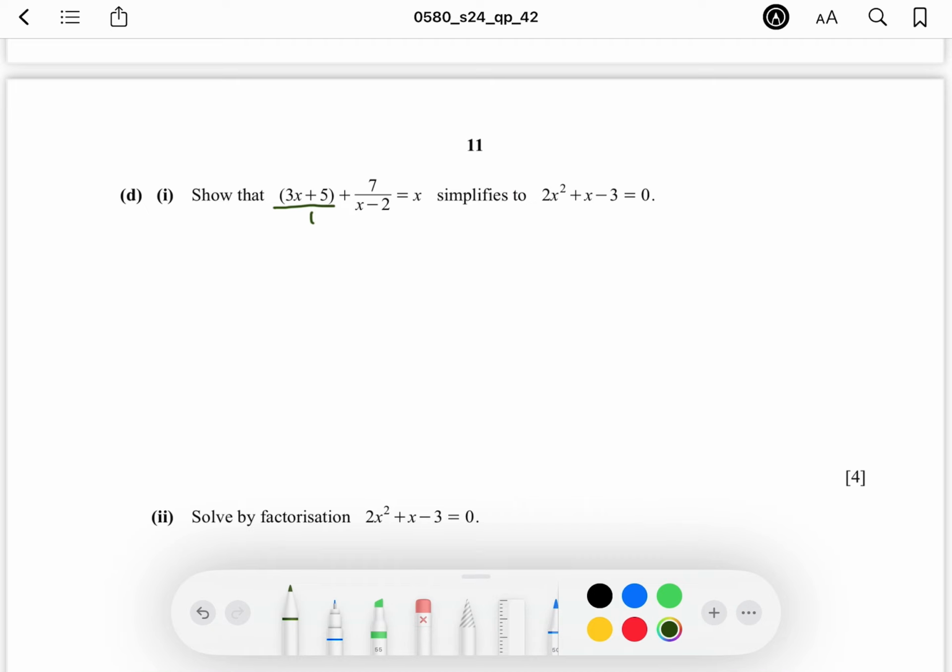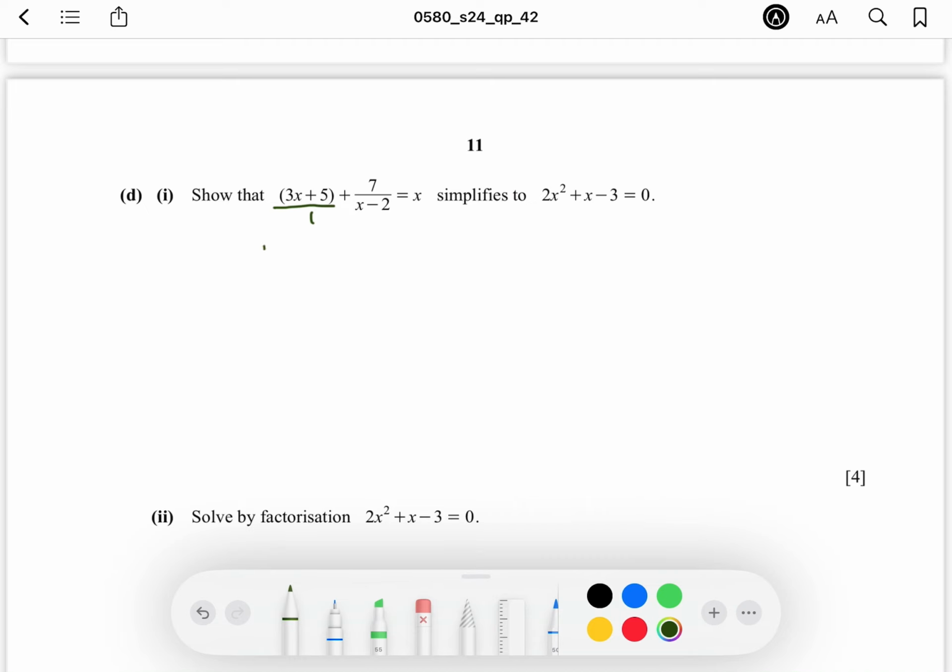Because now, what you can do, you can multiply both sides. Okay. Remember this one, 2 fractions. Either you simplify into single fraction, right? Or you multiply both sides with the denominator, common denominator. In this case, I would choose multiply both sides with the denominator, because the denominatornya 1 saja.